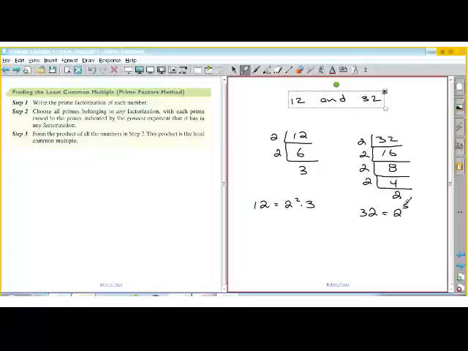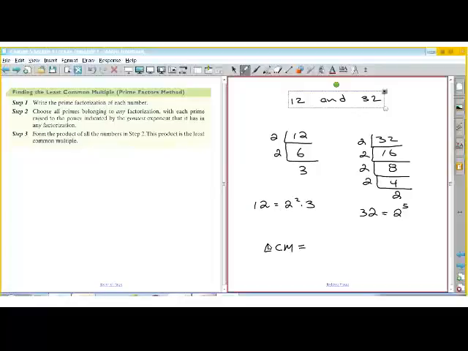So those are the two prime factorizations. And again, you can always check your answer by multiplying it out. So 2 squared is 4. 4 times 3 is 12. 2 times 2 is 4. Times 2 is 8. Times 2 is 16. Times 2 is 32. So that's true.